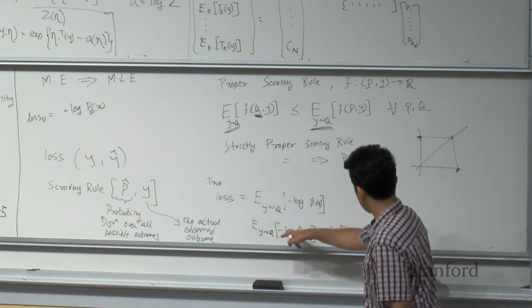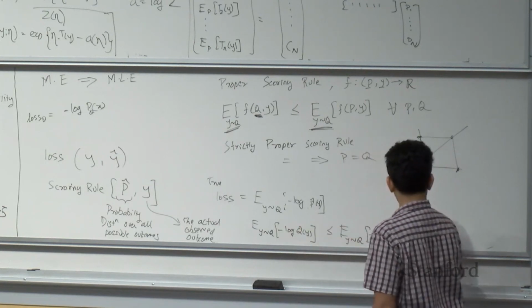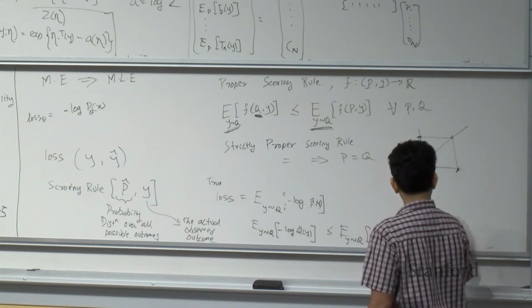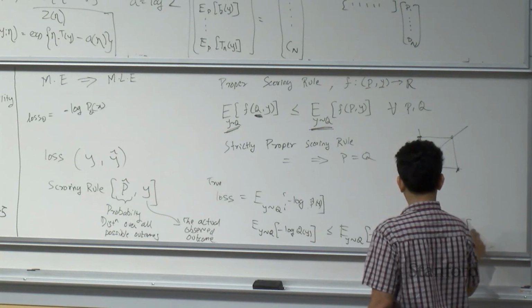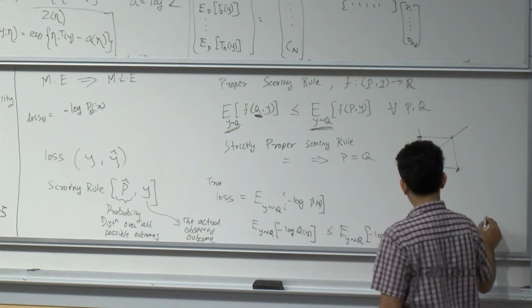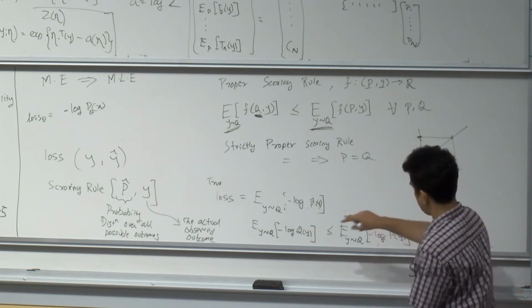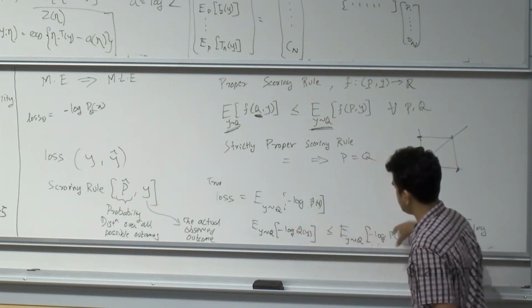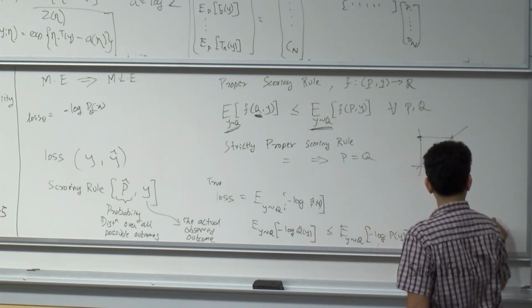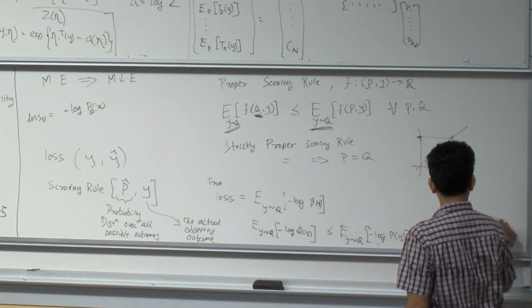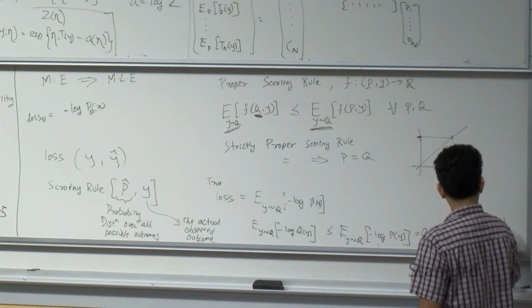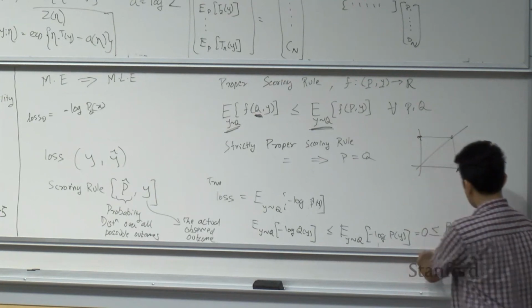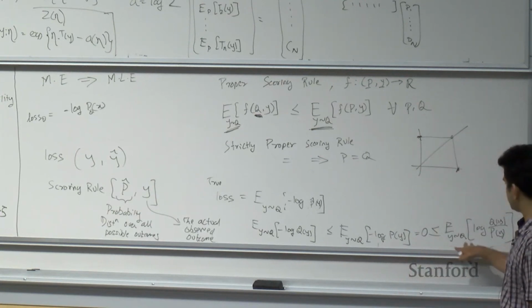So we get the expectation of y according to Q of log Q of y over P of y, which needs to be non-negative. This can be easily shown because this is just the KL divergence between Q and P, and that's always non-negative.